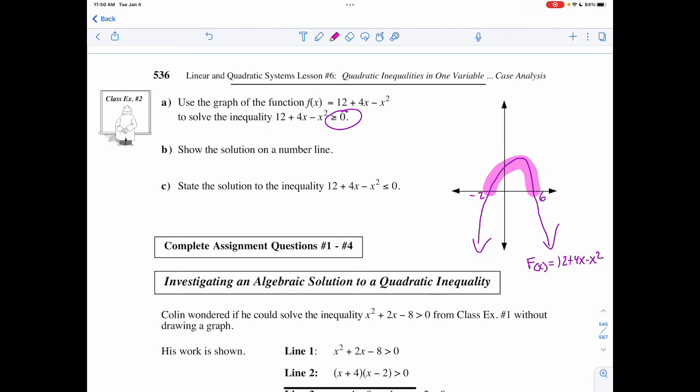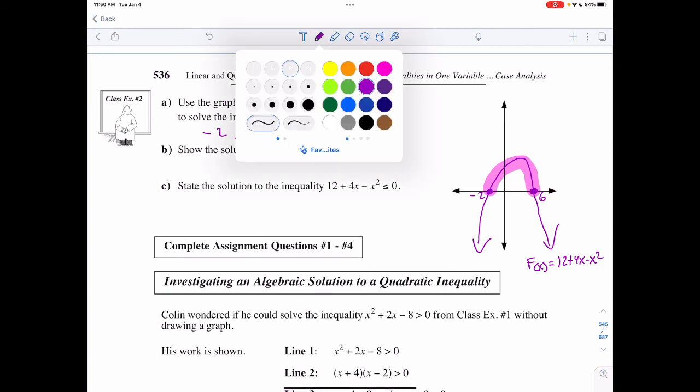Now, because this includes the equal sign, I'm going to make sure that I include solid dots, and I'm going to include the equals in my solution. So I can say that it's going to be when -2 is less than or equal to x, which is less than or equal to 6.